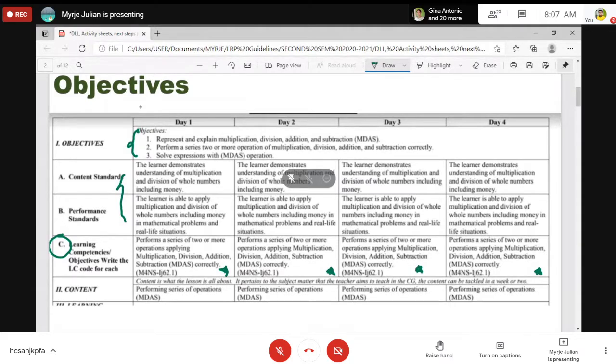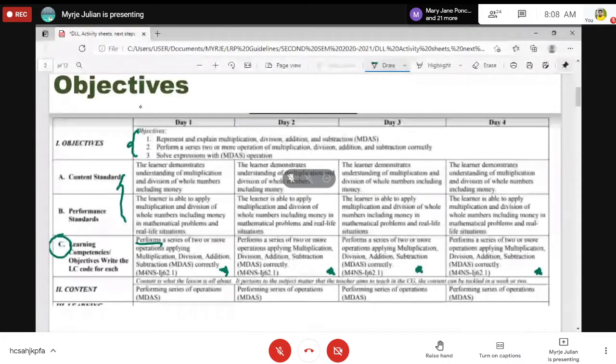Okay? So, in creating objectives kasi dapat meron tayong at least 2 objectives sa buong assigned week. Pwede naman tayong lumagpas sa 3 objectives, pero hindi pwedeng isa lang yung objective natin sa isang week na yon. Okay. So, since the learning competency is more on performing, before tayo mag-perform, we have to represent and explain.